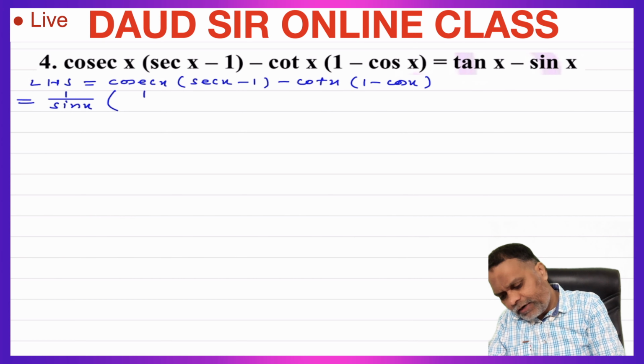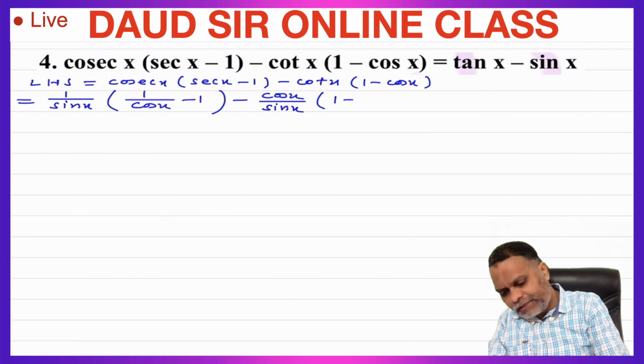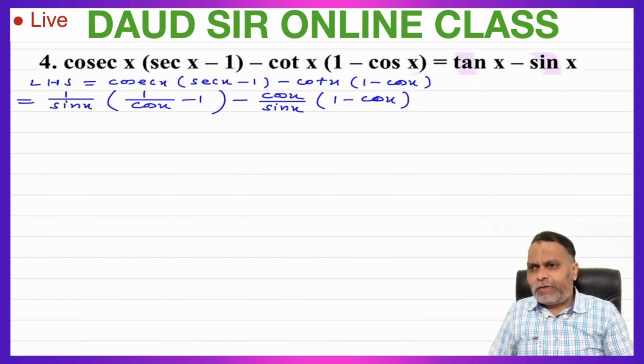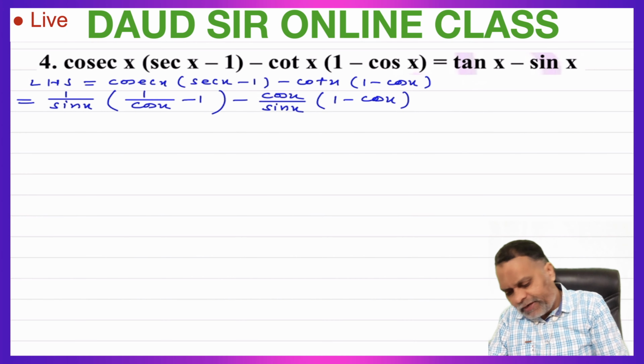Sec x can be written 1 upon cos x, minus 1, minus cot x can be written cos x upon sin x into (1 minus cos x) as it is. So all the ratios we converted into sin cos. Now simplify them.